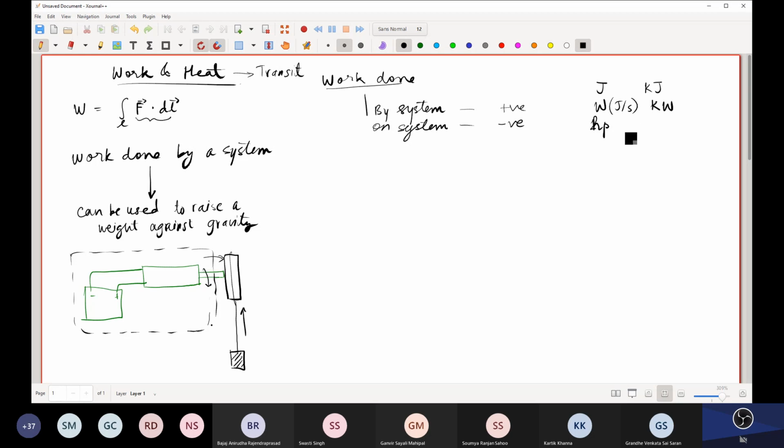But a horsepower is 746 watts. More precisely, a horsepower is an imperial unit, and it is 550 foot pound force per second.